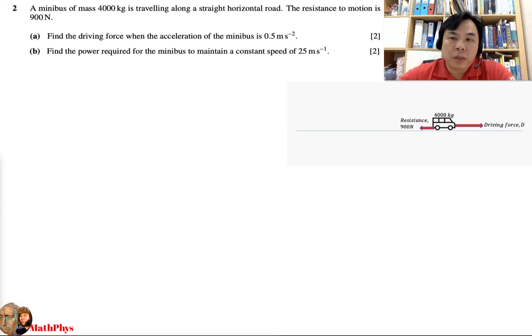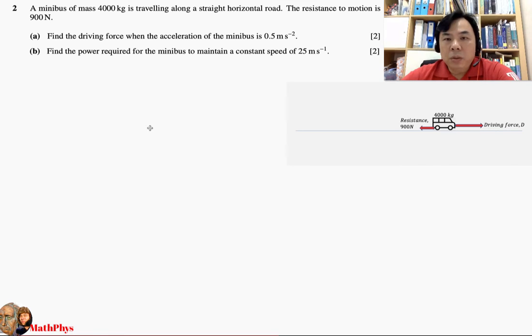So I just like to make it clear, the resistance here actually refers to both the frictional force and the air resistance. All right, now since we know how the motion looks like, let's take a look at how to answer question number A, 2A.